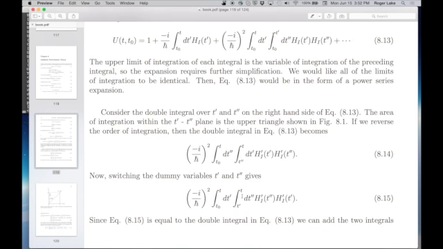I just get an integral that goes from t0 to t, which is what I'm trying to achieve. And since they're equivalent, I just add them together and divide by 2, and now I have both integrals go from t0 to t, which is what I was trying to achieve. So the limits of the inner integral are not the integration variable of the outer integral. They all go from t0 to t.